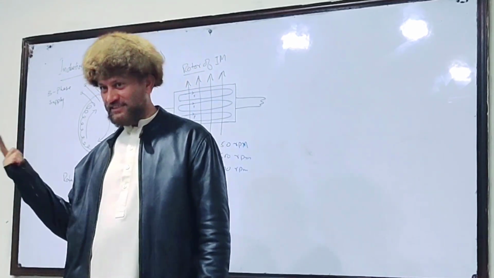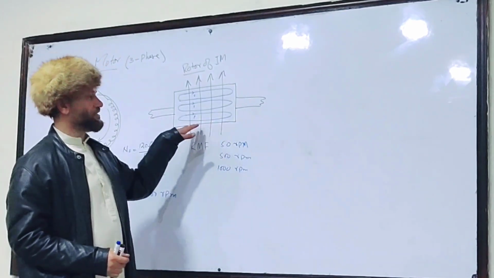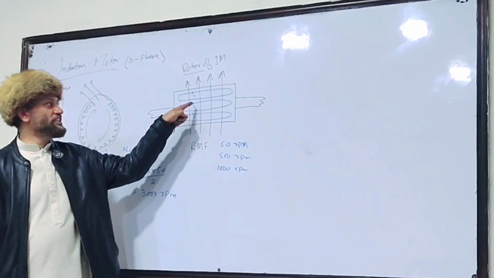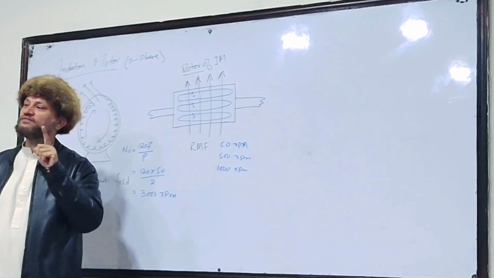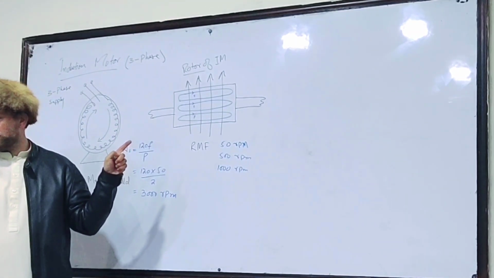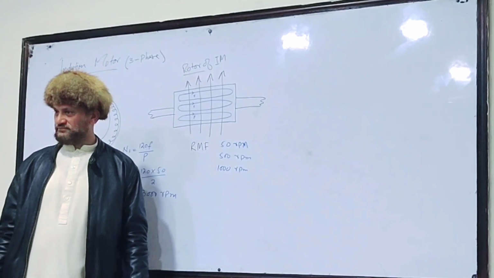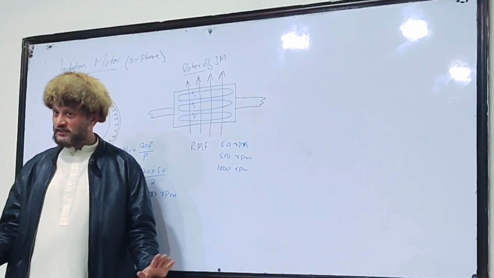It's the same example over here. Whenever we have a current through these conductors, there will be a force on this rotor, and the speed will be increased greatly. Understand my point?